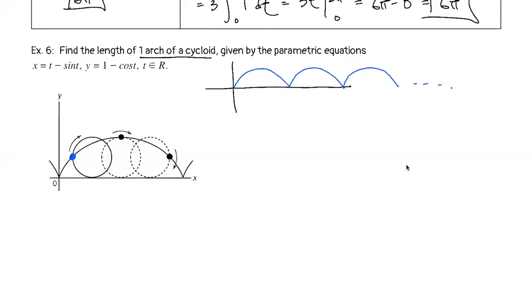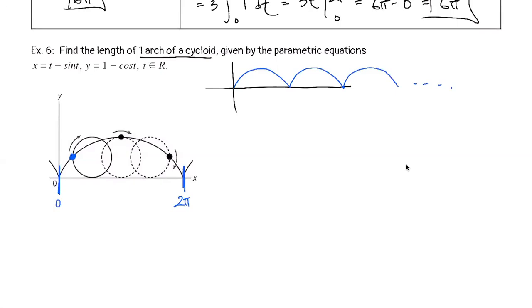So when this circle rolls on the x-axis, it starts at one location on the circle, and it finishes after one rotation, so 0 to 2 pi, okay?